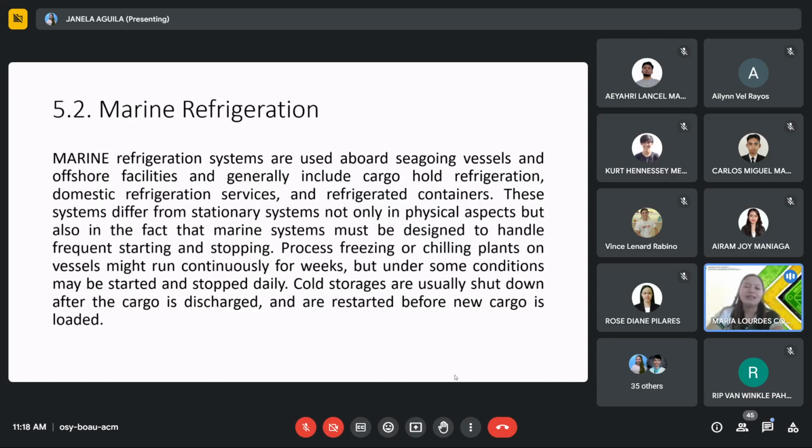Depende po sa pangangailangan. And sa ibang araw naman po, pwede po siyang on and off sa isang araw lang. Depende lang talaga kung may laman po yung ref or wala na. Para lang din po ma-ensure yung mga pagkain and beverages ay fresh and safe for consumption during a long journey sa dagat. Yun lang po for marine refrigeration.